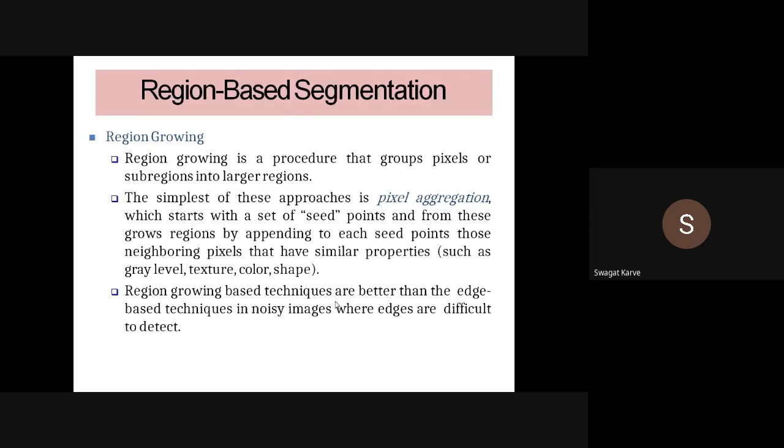These are the three techniques. By using any of these three techniques you can perform the region based segmentation, but the basic concept is same, the basic concept that we have discussed right now.